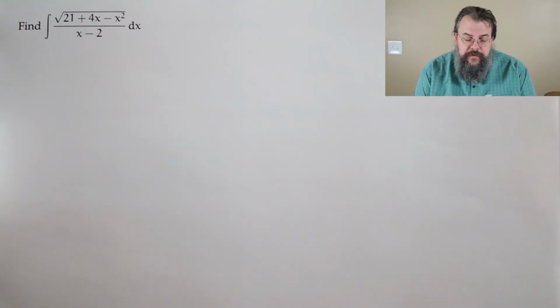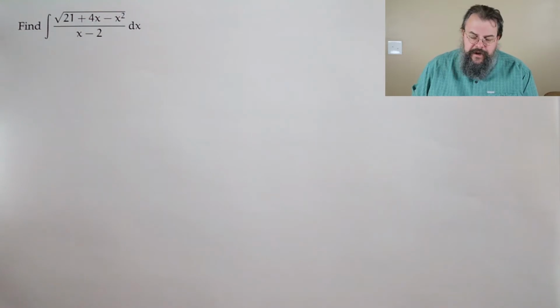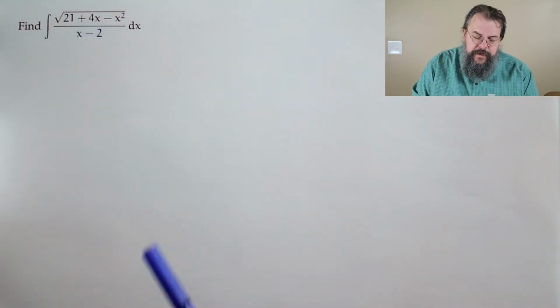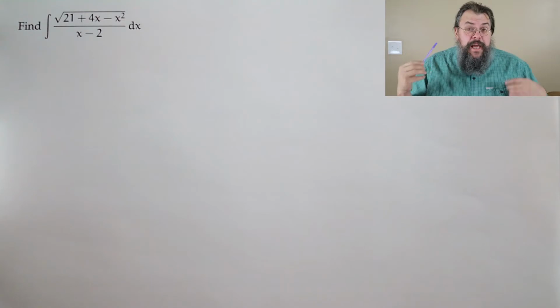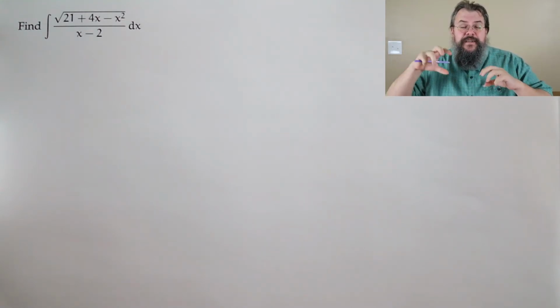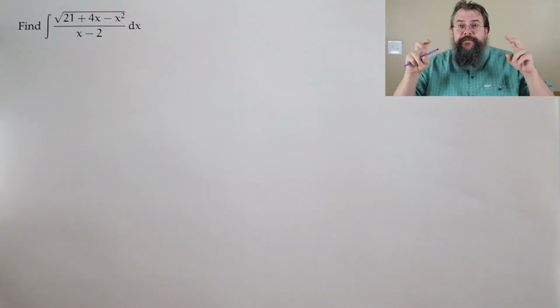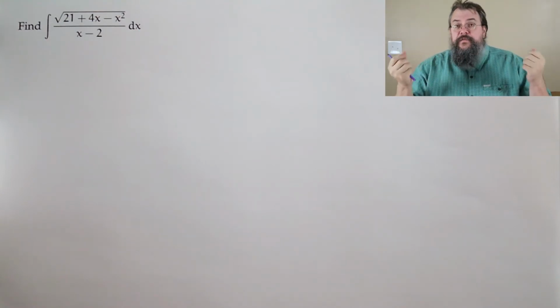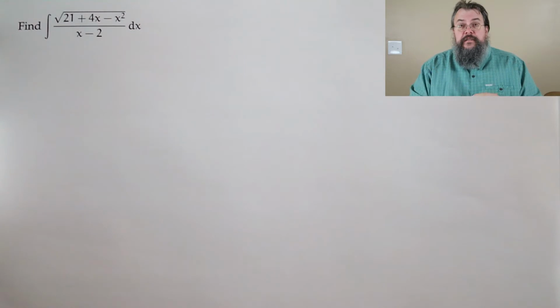Now, we're actually kind of in a similar situation to where we were before. We see our square root is there, so we're thinking maybe trig sub, but it's not quite as nice, some variable part squared. When I say a variable part, I just mean something that has a variable inside of it.